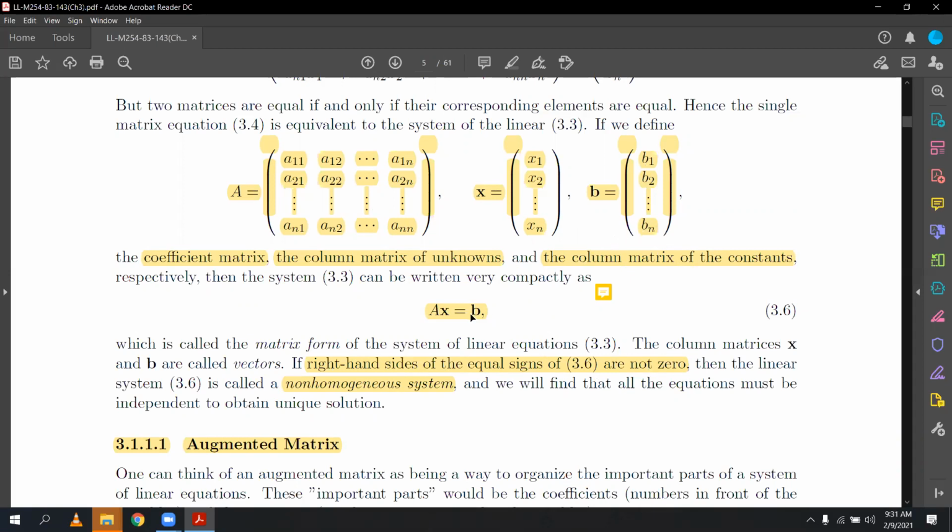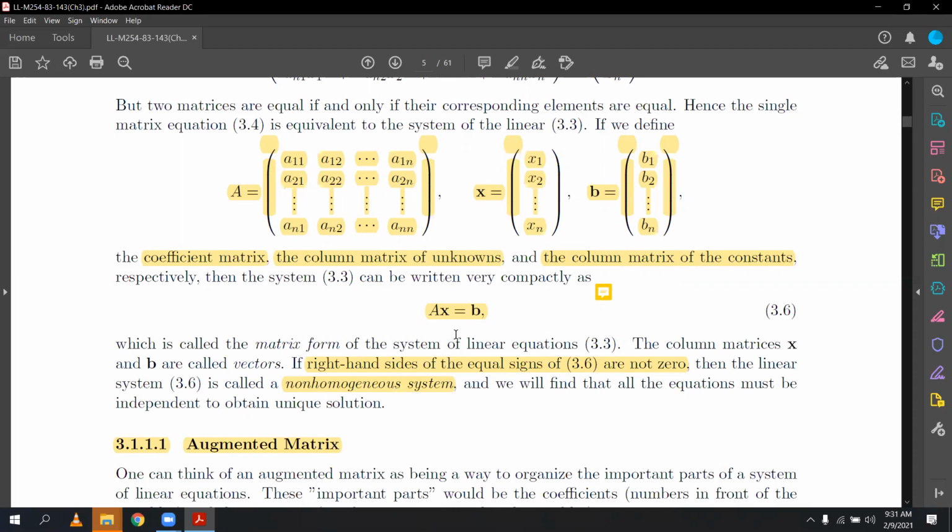The condition on B is very simple: not all of your right-hand side should be 0. Your B may be 1, 0, with some entries 0, but not all 0. To have a unique solution, B should not be equal to 0. In a linear system, if B is not 0, we call that system a non-homogeneous linear system. So the first condition for a unique solution is that it should be a non-homogeneous system.